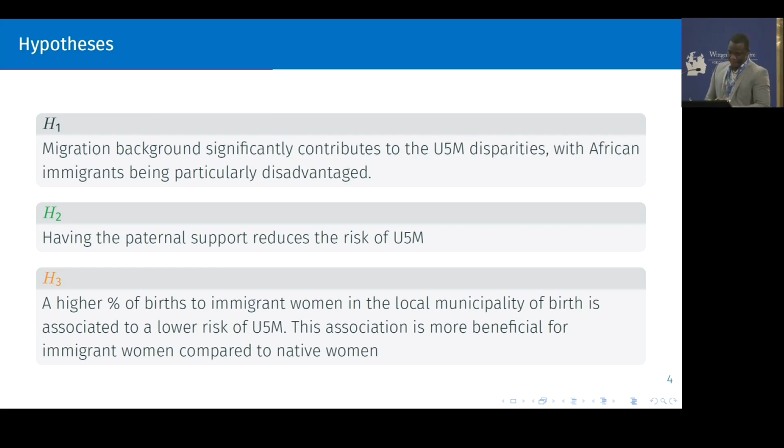The second hypothesis suggests that having the paternal support reduces the risk of under-5 mortality. And the last suggests that a higher percentage of birth of immigrant women in the local municipality is linked to a lower risk of under-5 mortality. Additionally, this association is more beneficial for immigrant women compared to native women.